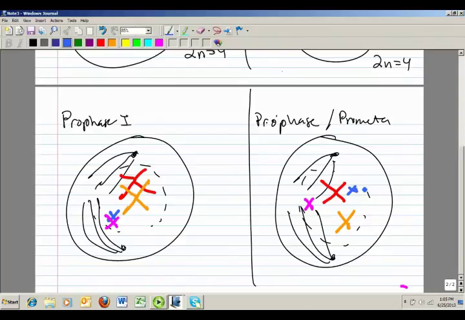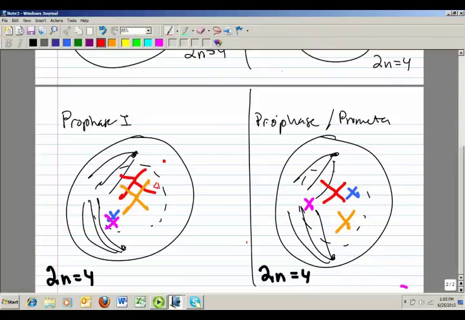It is incorrect to say that there are no homologs in mitosis, because there are. They just don't care about each other. They're not going to be involved in pairing or anything like that. So homologs are present, and we know that has to be true because we're diploid. If you're diploid, you have to have homologs. But there is no synapsis.